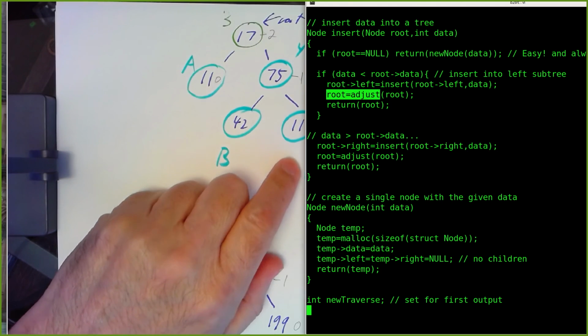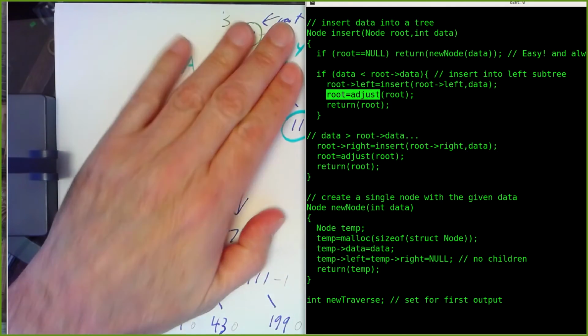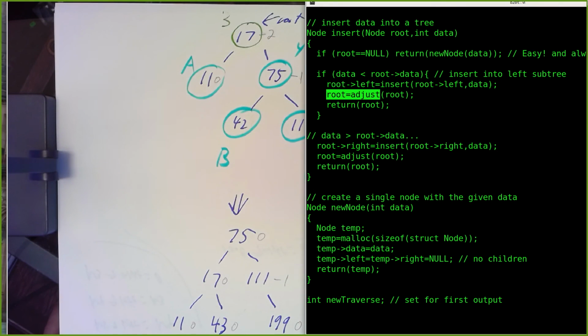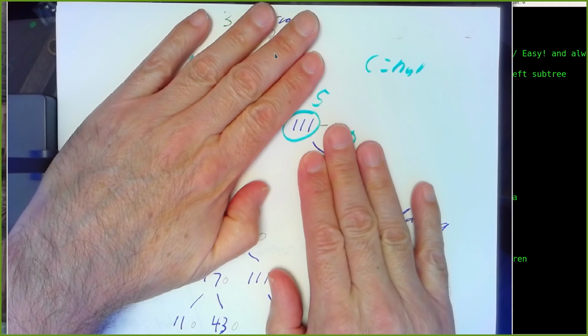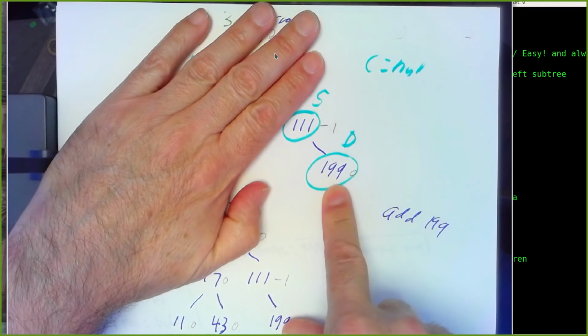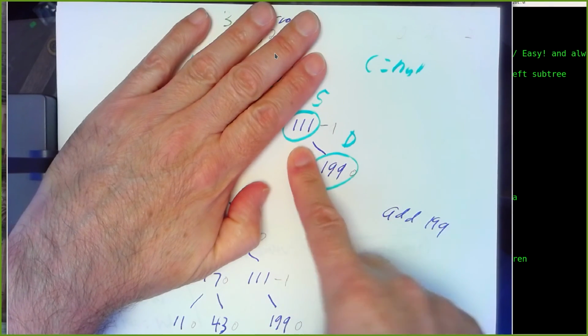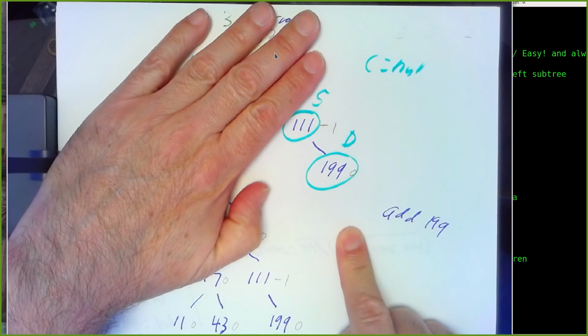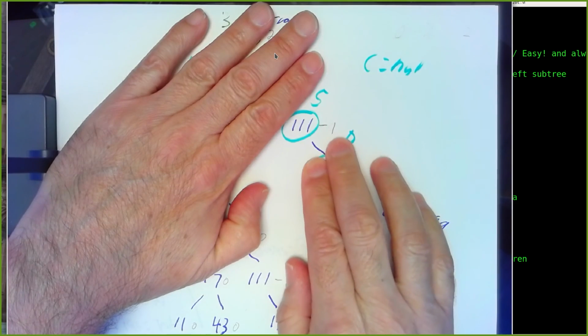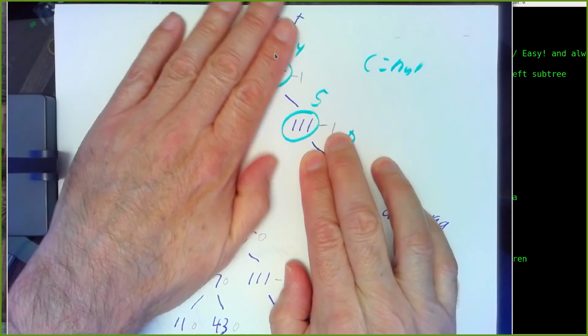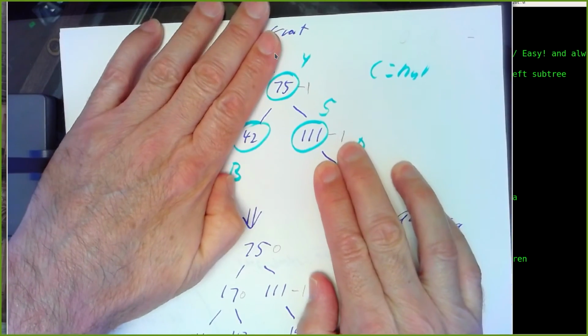And initially, if my tree looked like just this one node and I insert a 199, it's going to go to the right here, and I'm going to try to do my adjustment on this tree's root, right? And there's no adjustment to be made. But that call to insert 199 into this tree was made because I was trying to insert into this tree.